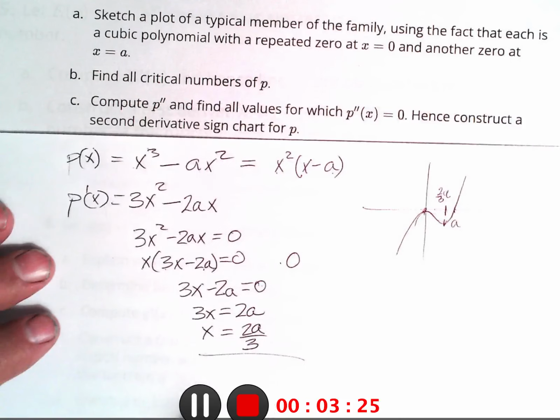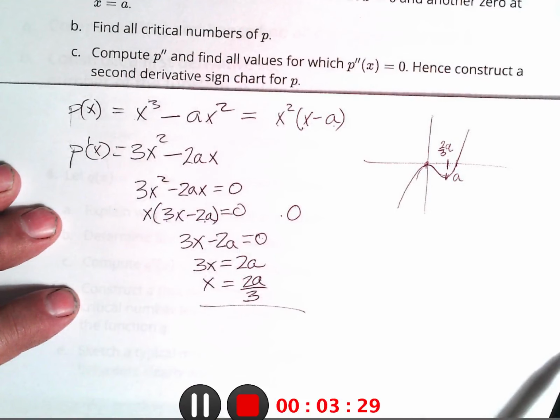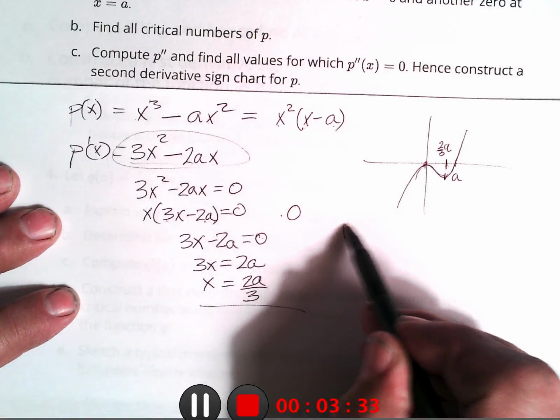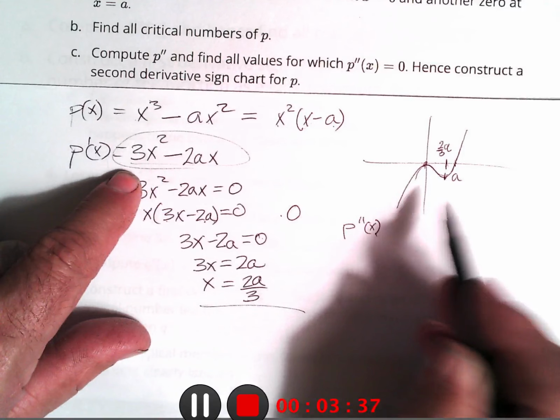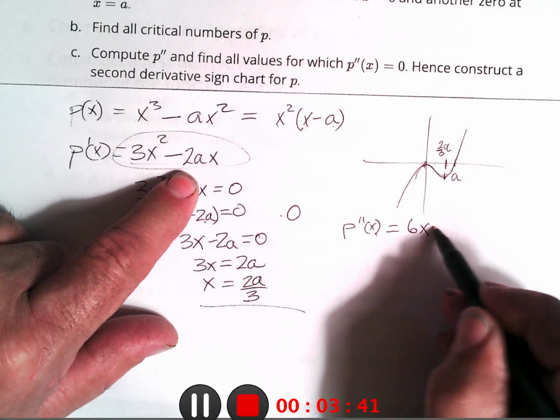Compute the second derivative. Well, we can take the derivative of this. So p double prime of x would be 6x to the 1 minus 2a.